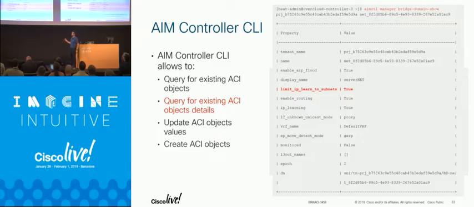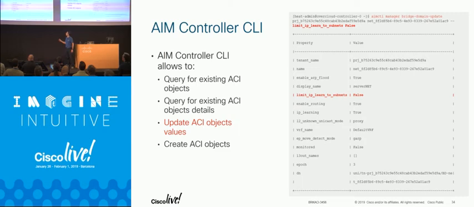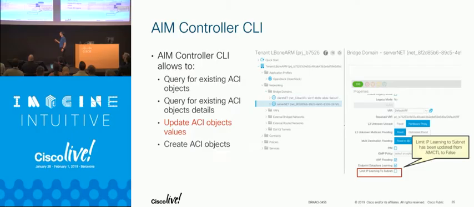I run the show command, so I know all the attributes that ACI has about this bridge domain. Maybe I want to change limit IP learning to subnets from true to false. So I just run the AIMCTL controller update command and pass the new parameter, false. The result is going to be visible in ACI as well.